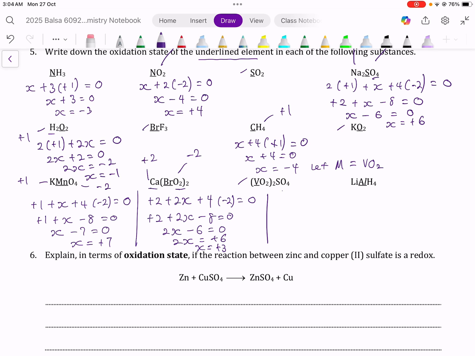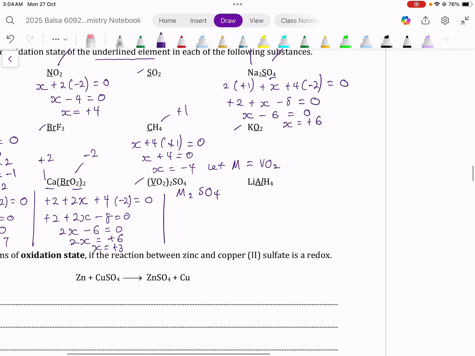So this thing you can look at as M2SO4 first. If you ask me what's the charge of M, I do a bit on the side first. You look at it as M2SO4, so if you do the reverse, SO4 is 2 minus, M is plus.